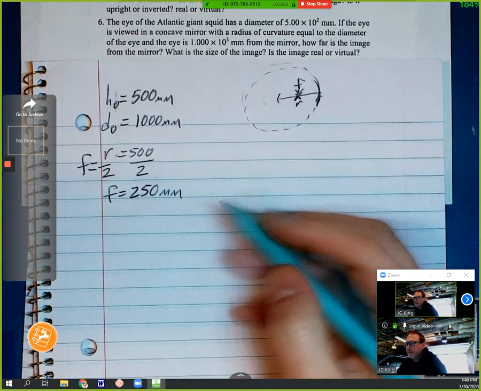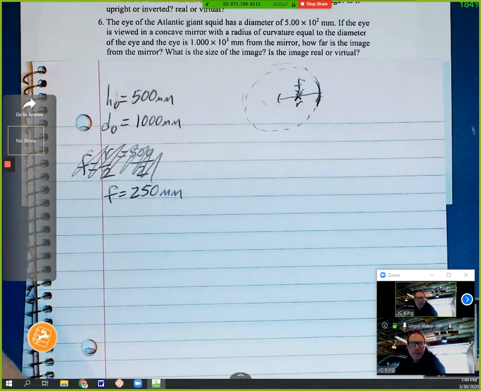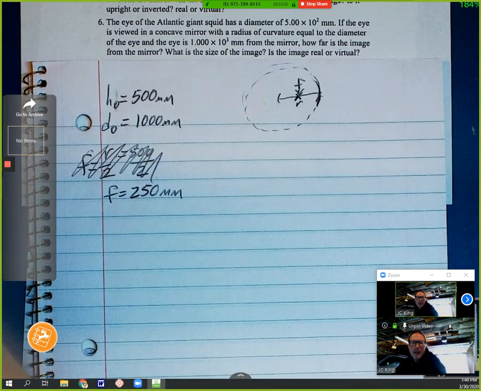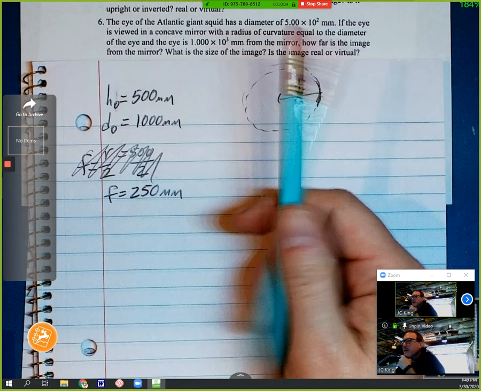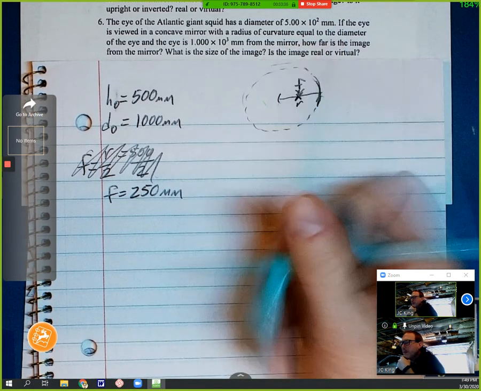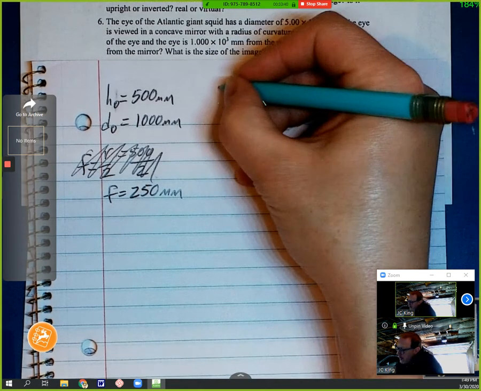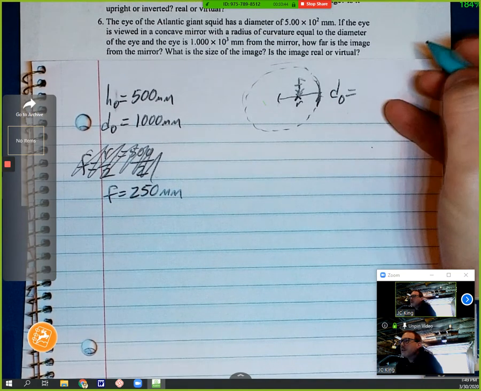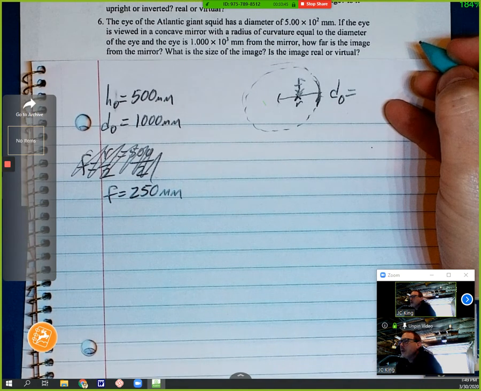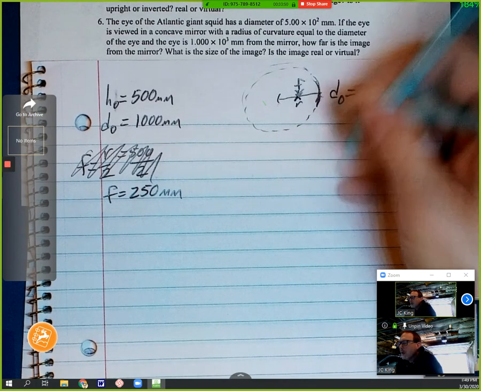So we can forget about this business here because we don't care anymore. And let's see what all they want us to find. They want us to find how far is the image from the mirror. So they want us to find the distance of the object. They want us to find what's the size of the image. So they want us to find, oh, Jaren, I'm way ahead of you.